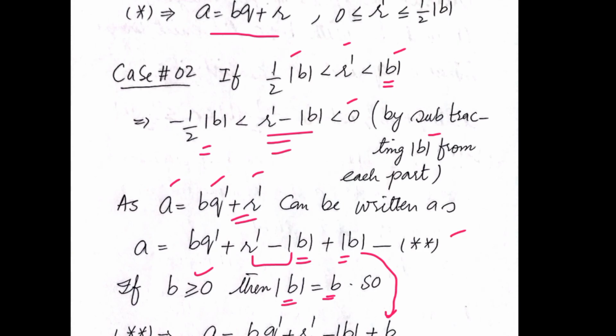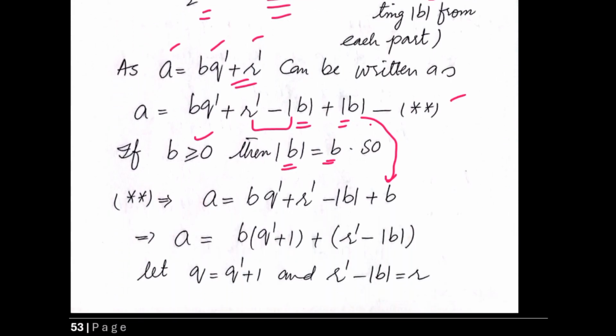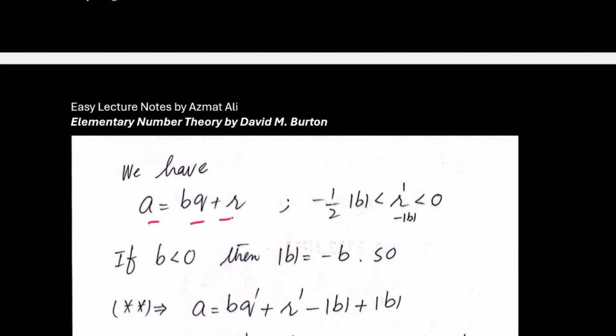So replacing |b| with b, and by combining these two terms we have a is equal to bq dash plus r dash minus |b| plus b. By taking b common from these two terms, I have b into q dash plus 1 plus r dash minus |b|. As q dash is an integer, q dash plus 1 is also an integer. Suppose this is equal to q and r dash minus |b| is equal to r. So again I have the form a is equal to bq plus r, where r lies between minus half of |b| less than r less than 0.